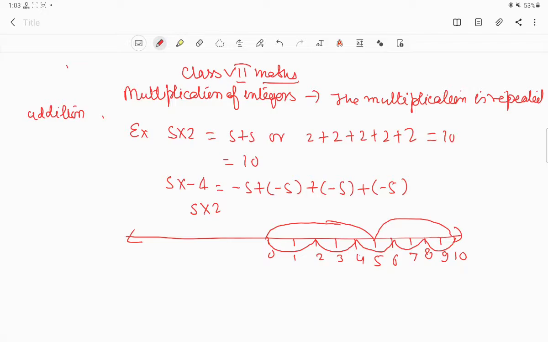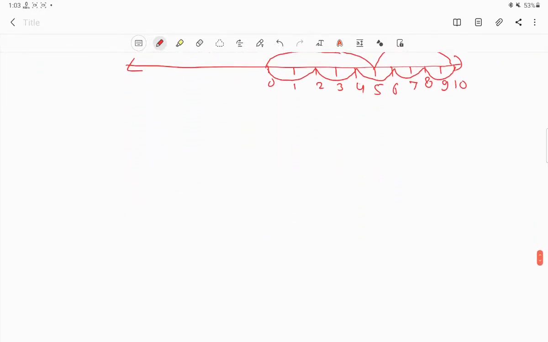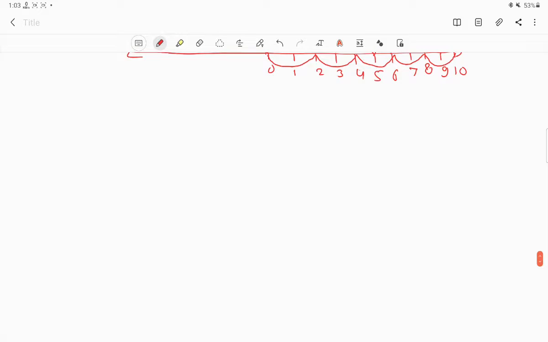Now see, when you multiply integers, do you know what integers are? Integers are positive and negative whole numbers. So if you multiply negative and positive together, what is the sign of the product?